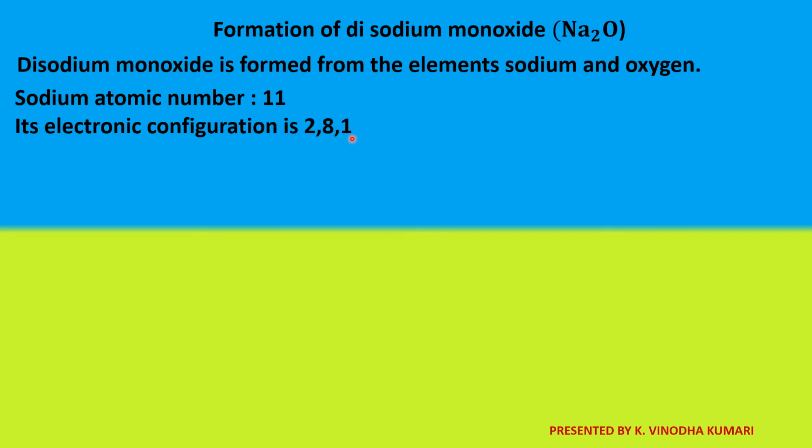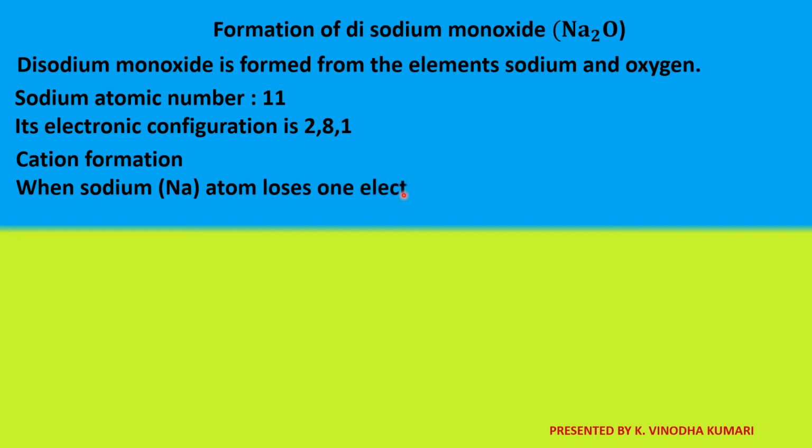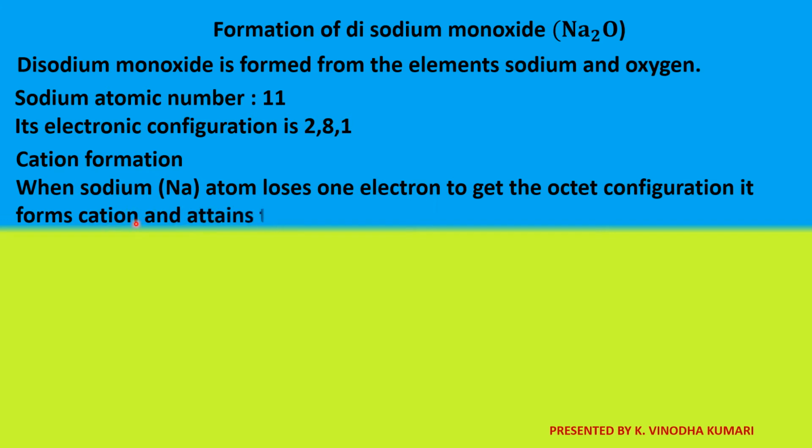That means in the third shell, which is the outermost shell, it can lose 1 electron. Sodium can form a cation. Whenever sodium loses 1 electron from its outermost shell, it gets the octet configuration of neon and has the configuration 2, 8 and forms a cation.